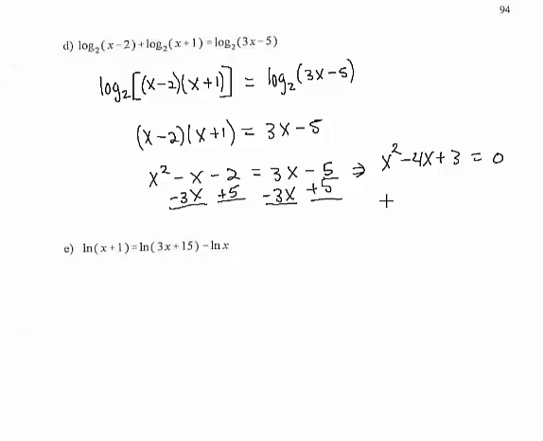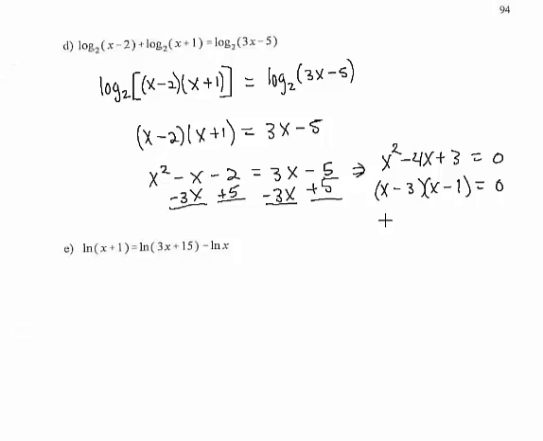So now we hope that we can factor this quadratic function. And we can by writing x, for each set of parentheses, x times x gives us x squared. And then for our numbers, we could simply write negative 3 and negative 1. Multiply them together, you get plus 3. Add them, you get a negative 4.